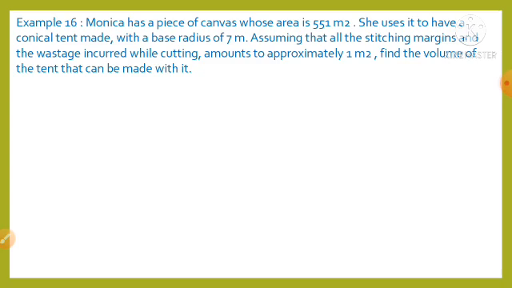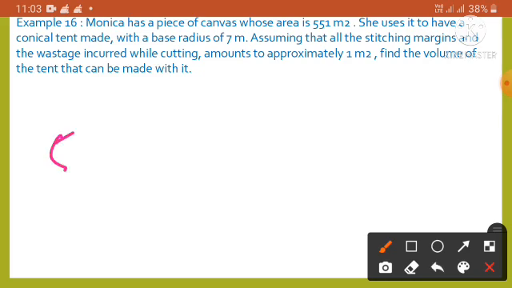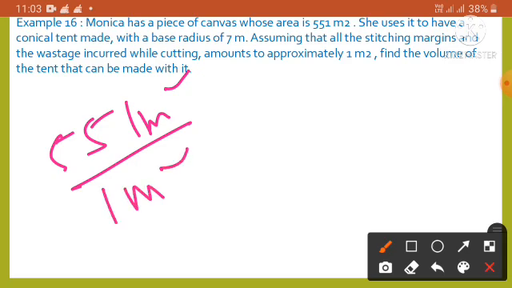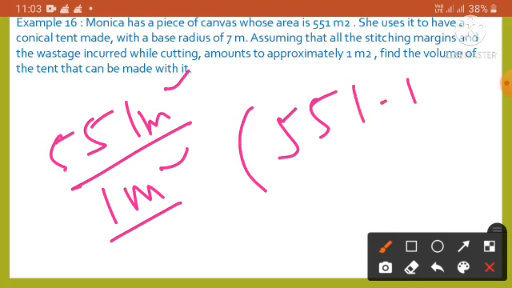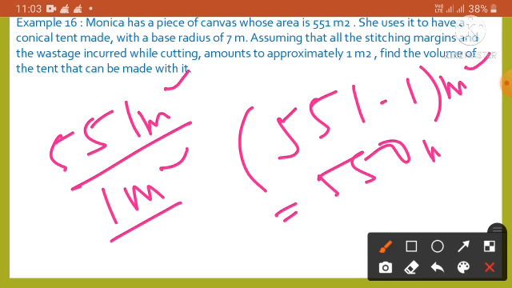Since the area of the canvas is 551 meter square and the area of canvas lost in wastage is 1 meter square, the area of canvas available for making the tent is 551 minus 1, which is 550 meter square.